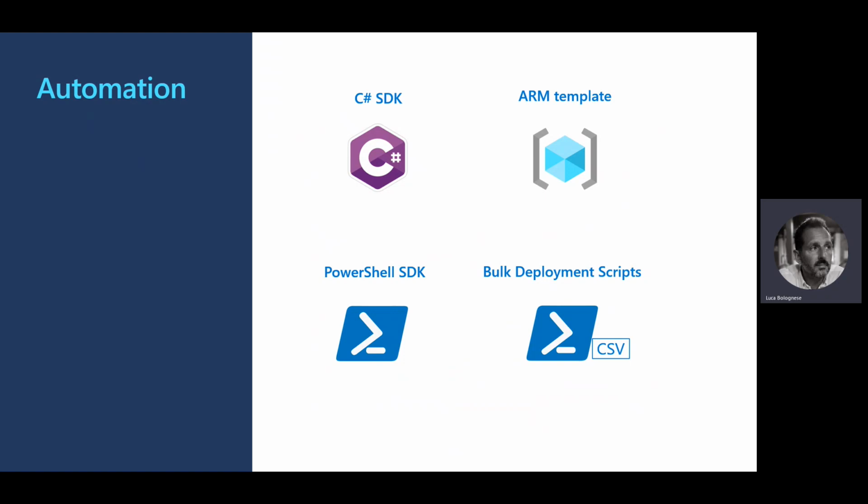And when you do that, you have to be a bit more careful, because sometimes some creation might fail or something like that might happen, and you need to recover from that. So the bulk deployment scripts have all the logic in them to cover those scenarios.